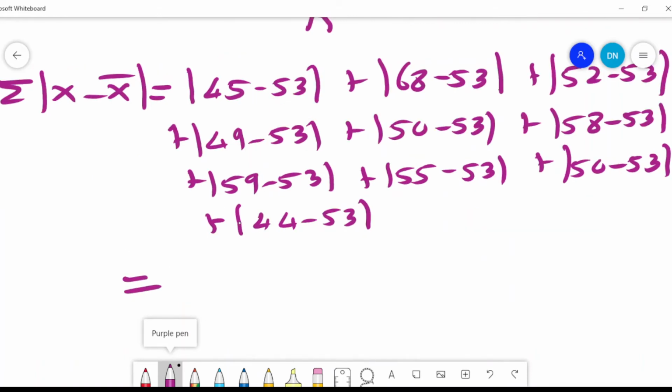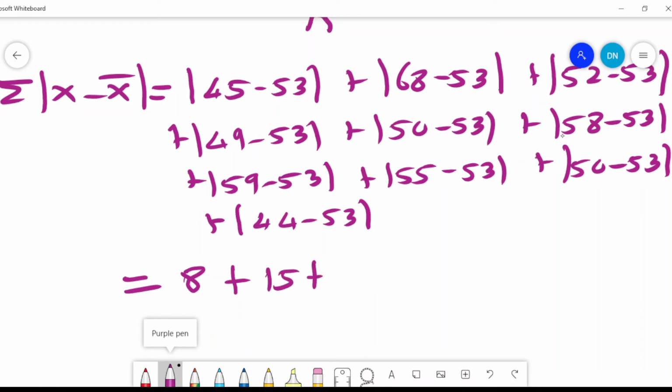So this is equal to 8. That is, 45 minus 53 is negative 8, and the absolute value of negative 8 is positive 8. 68 minus 53 is 15.